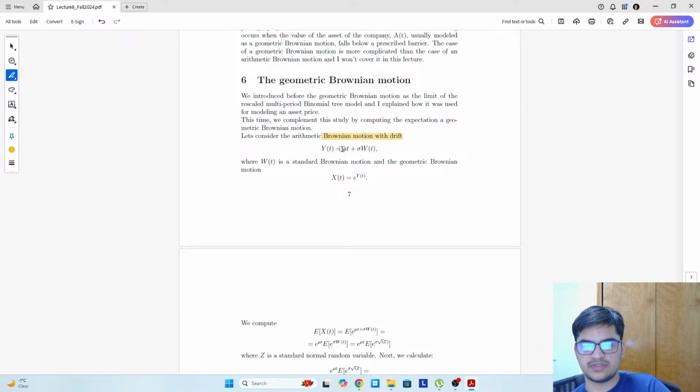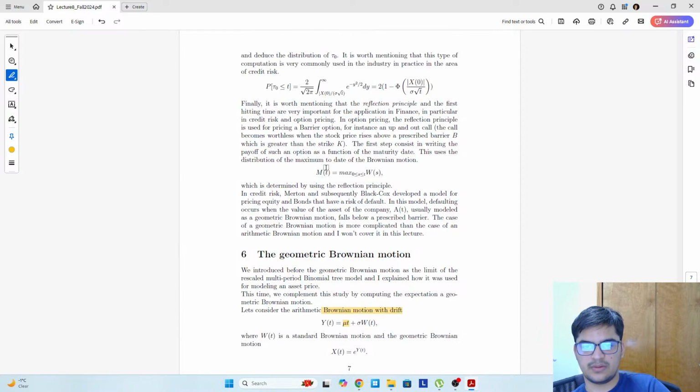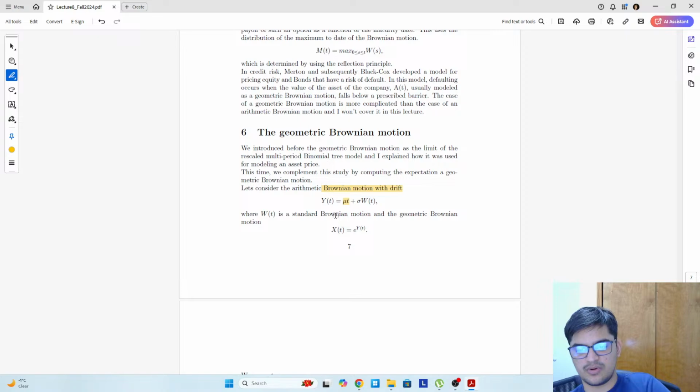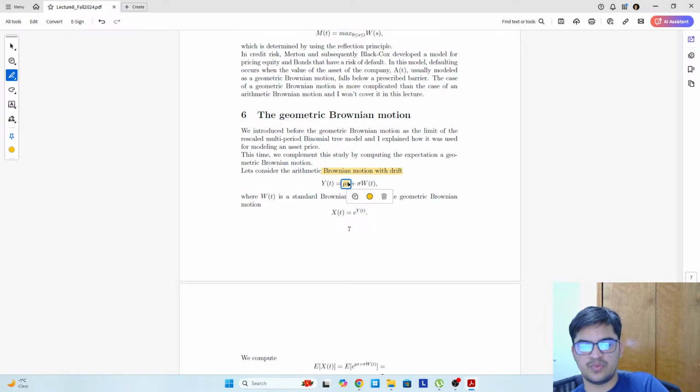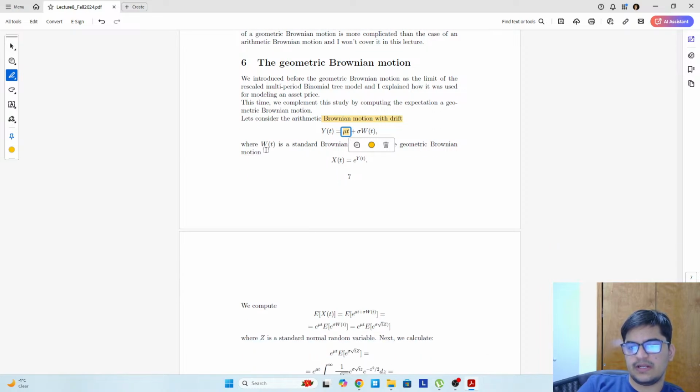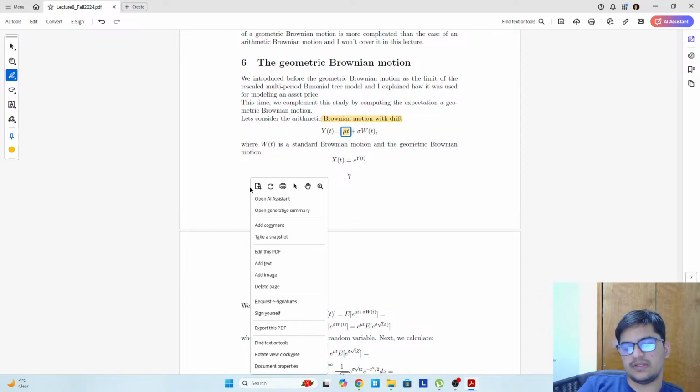So this is the drift factor, and if you look at normal arithmetic Brownian motion, it has just a constant value x naught, having this mu and this t factor. Basically, mu is the mean and t is time. So basically, this drift is accumulated with time. That's what it means.